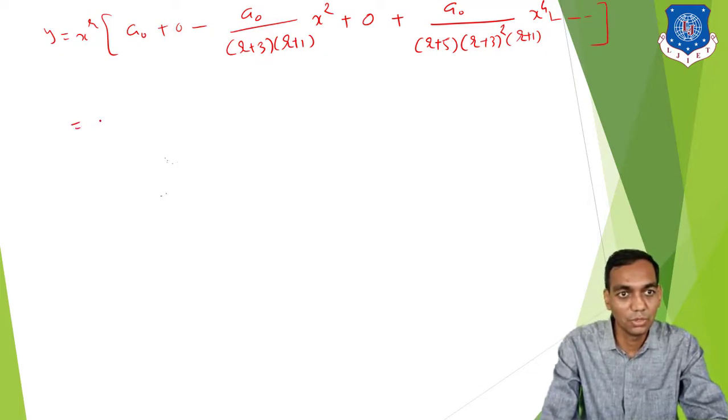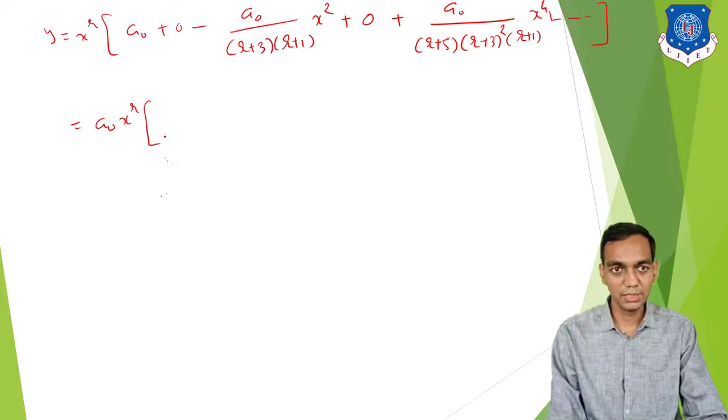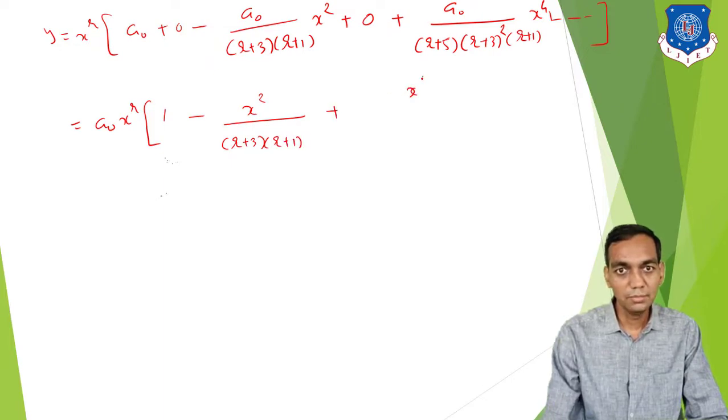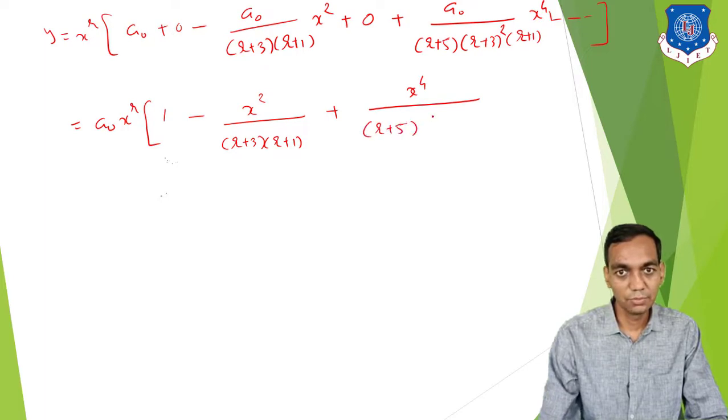So if you are going to common out a0, then we will have 1 minus x square upon r plus 3, r plus 1, plus x raised to 4 upon r plus 5, r plus 3 whole square, r plus 1, minus whatever, dot dot dot.